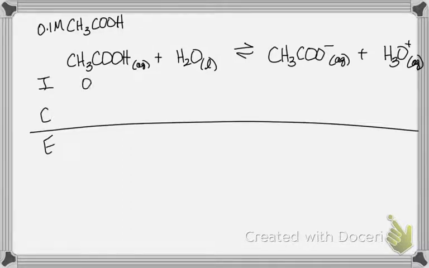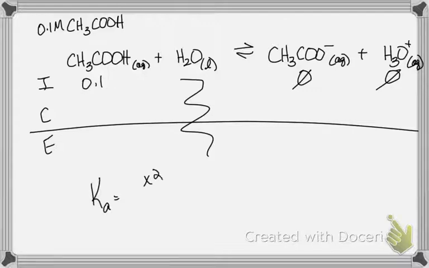And we said, well, we start with 0.1 of this. The water's not going to matter. We're not going to start with any of this. And every time we ended up with Ka equal to x squared divided by the initial concentration minus x. Okay? So I think we've got that pretty down pat in doing those calculations.